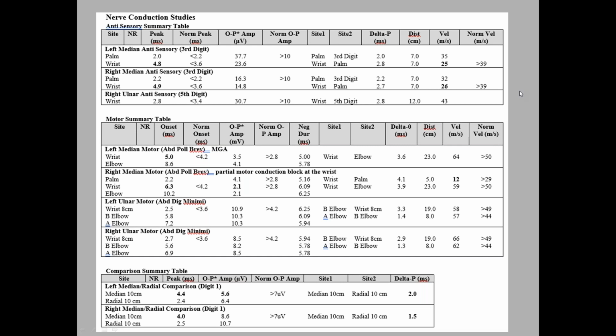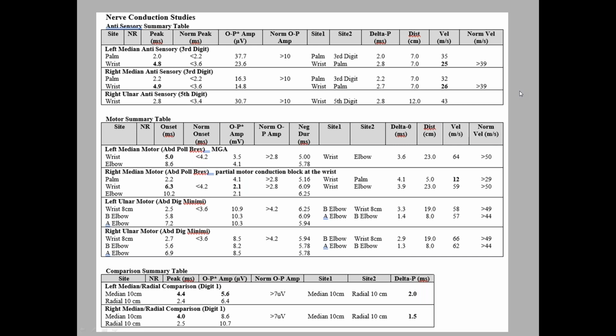Do both nerves provide enough evidence to say that there's partial conduction block? Let's see. They both have prolonged latency and slowed nerve conduction. What is they both? The left and right median nerves.